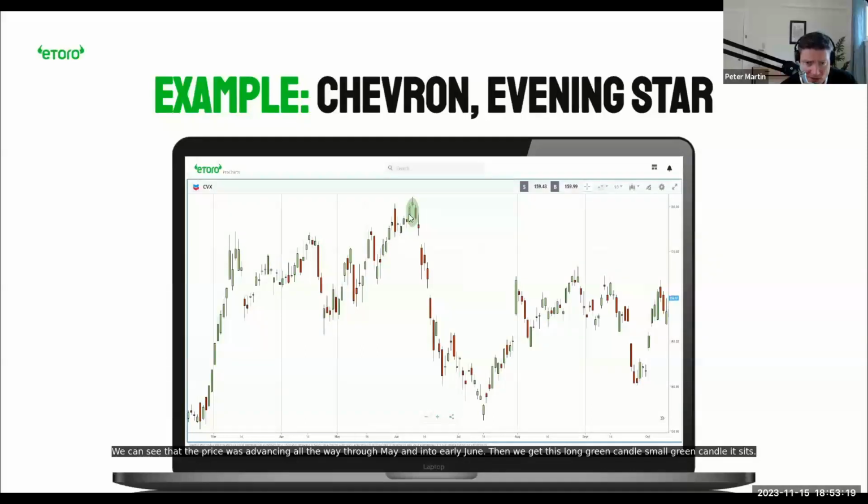And then we get this long green candle, then a small green candle that sits separate to the body of the first green candle. The three-candle pattern is completed by the long red candle eating deep into the first green candle. And that is your evening star pattern. It did indeed mark a peak, and then we saw that it just so happens that we've got this big downtrend afterwards. But just bear in mind, the pattern is supposed to be a short-term signal. It doesn't necessarily mean that that's going to happen.